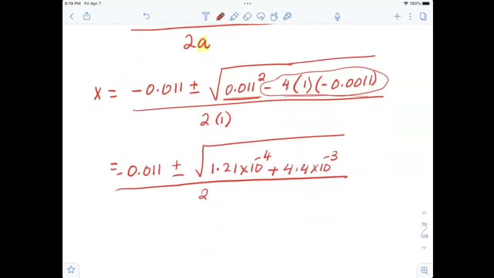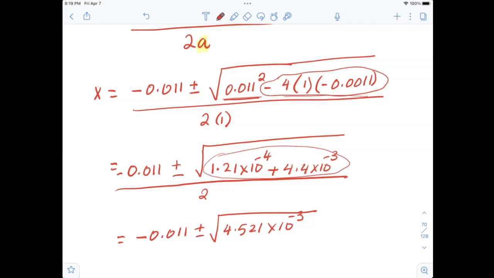Okay, so we're adding these two numbers to each other. 1.21 exponent negative 4, close parentheses. I end up with negative 0.011 plus or minus 4.521 times 10 power negative 3. Oh, the square root is here.